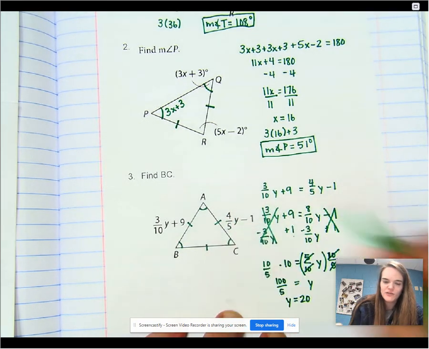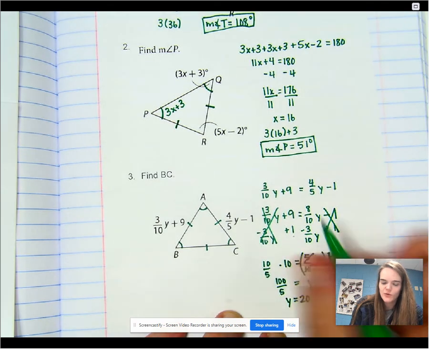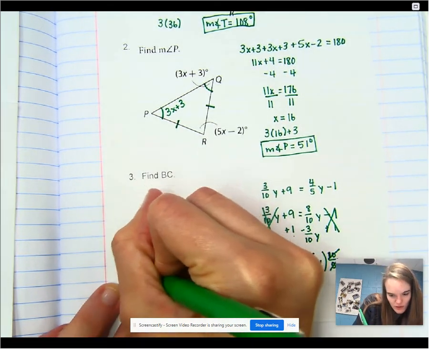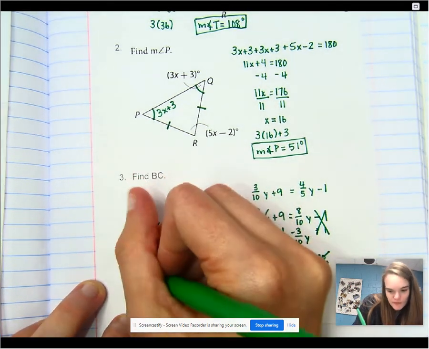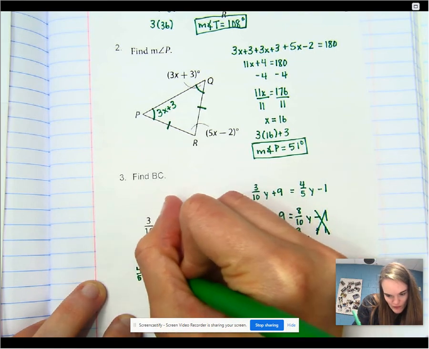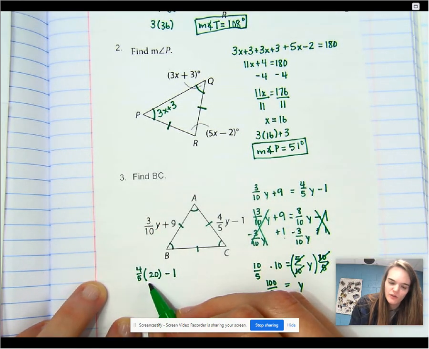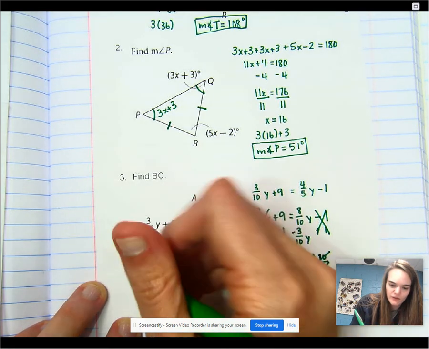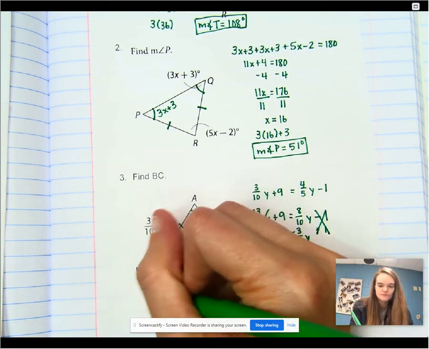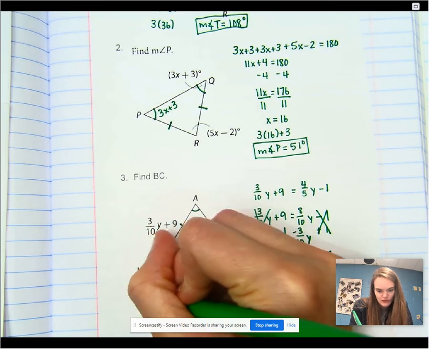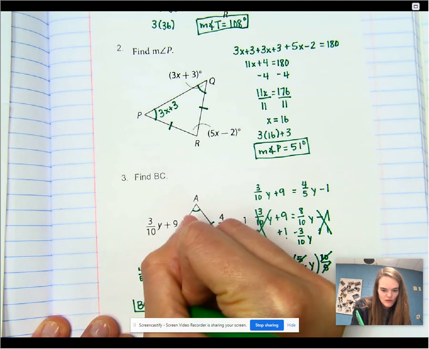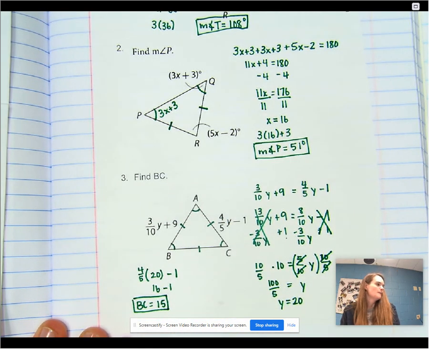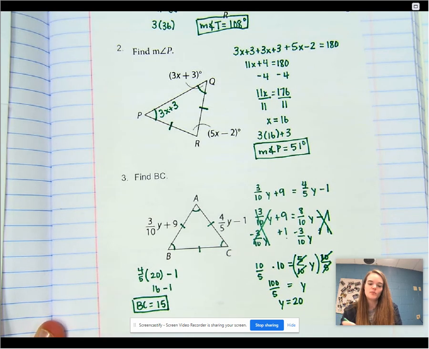And then plug back in, it doesn't matter which. I'm going to do 4/5 y minus 1. Four fifths times 20 is 16. Minus 1 is 15. So BC is 15. There you go. Today you're using these to solve problems. I'll see you tomorrow.